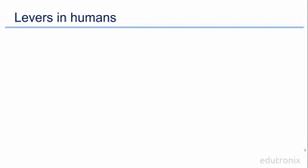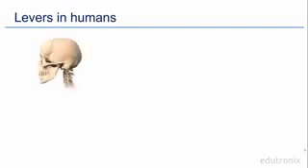Levers can also be found in human beings. More specifically, they can be found in our skeletal system that works with our muscles to cause movement. For example, the human skull together with the vertebral column is a typical example of a first-class lever. This is because it has the pivot in the middle where the vertebral column holds the skull.